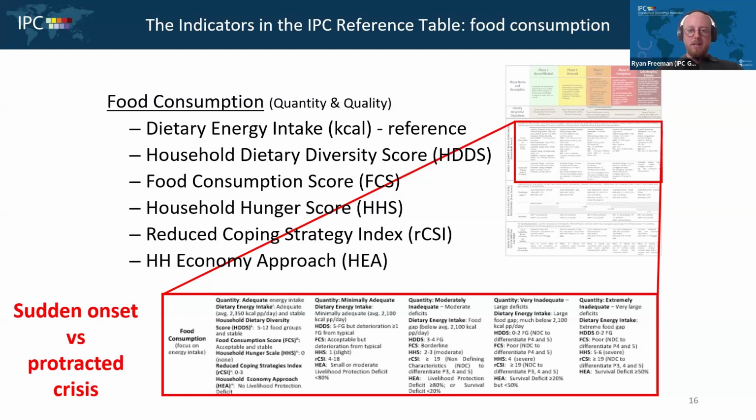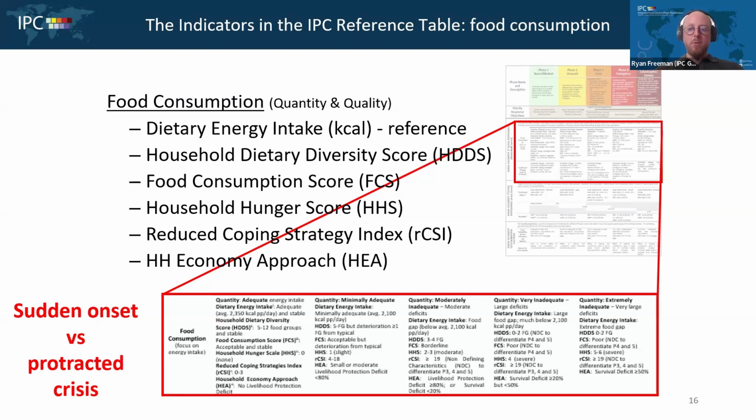If you have a baseline that's available from a good year, less than 10 years, that is still relatively fresh, and you do have a sudden onset disaster or emergency or a shock, you can very quickly run the HEA analysis, and you can have your survival deficit and your livelihood protection deficit very quickly, because you don't necessarily need to have large data collection initiatives in country.